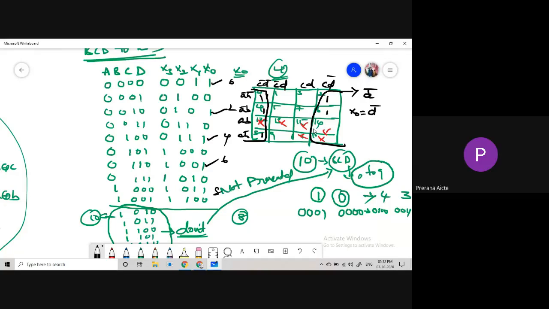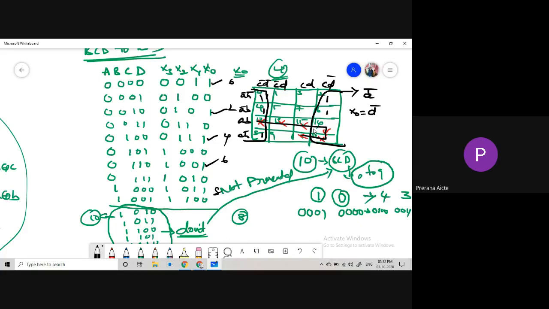Then similarly, for X1 also we are calculating. For X1 also we are taking these 6 terms as don't care terms. Then similarly for X2 also, don't care terms, and for X3 also the same.